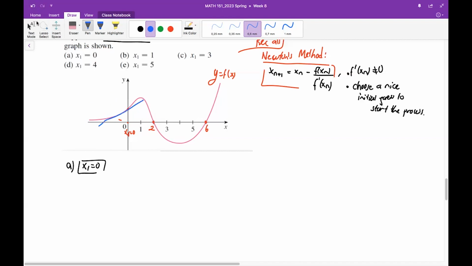This is the first tangent line and it intersects the x-axis at this point. Next, you will keep doing this. You will draw another tangent line to the curve at the second point. This is x2, then I will draw a tangent line to the curve again at this point, x2. Something like this, and its x-intercept is here, and then keep drawing tangent lines.